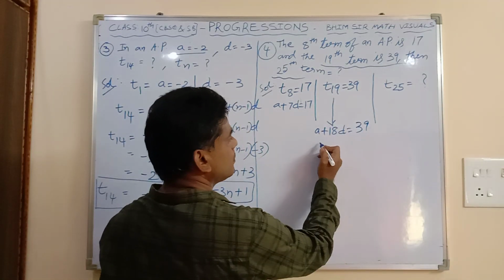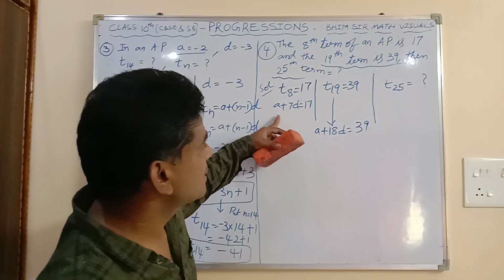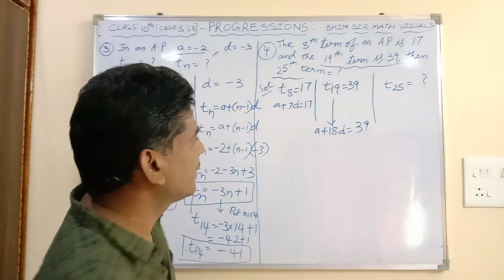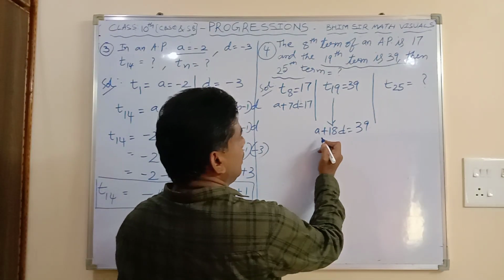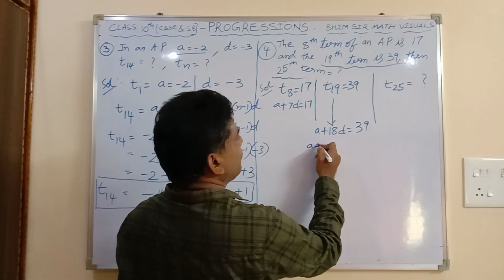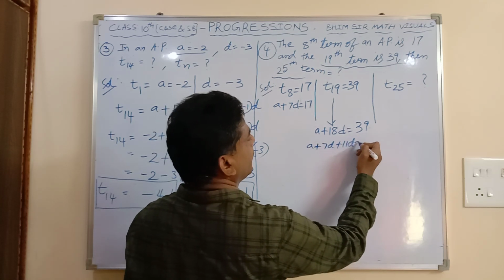Given that. So A plus 18D and A plus 7D, if you simplify, you will get the A value or the D value, any one of them. I am writing A plus 18D as A plus 7D plus 11D.